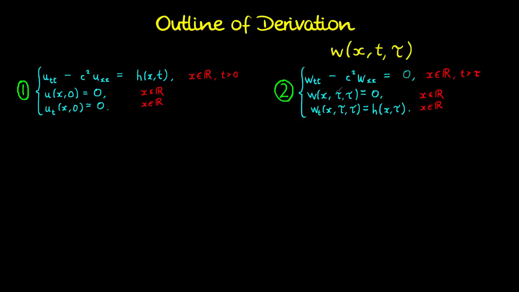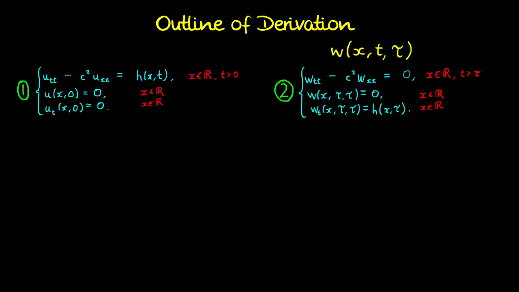Now when t is equal to tau, we have something a bit like an initial condition saying that at this time tau, w is 0. And we also have an initial condition that says that the time derivative of w at that time tau is equal to h of x and tau, where h is the function that we had up here in the formulation of the original problem.